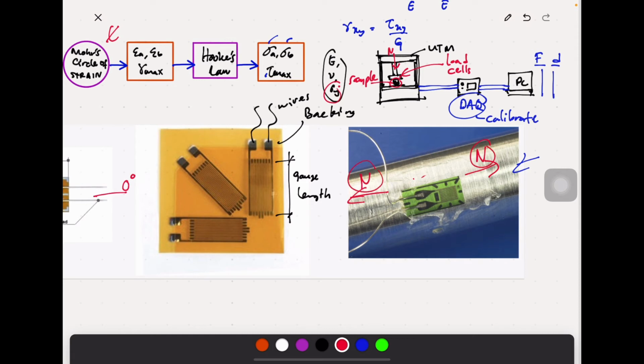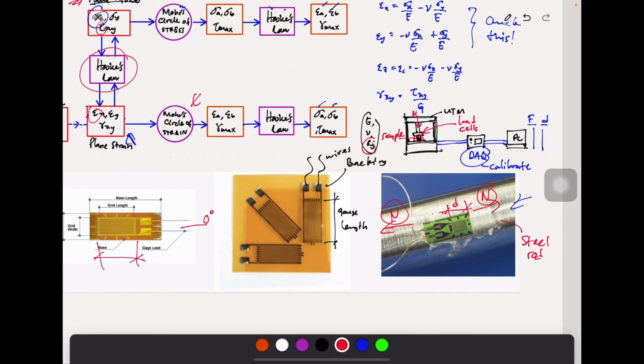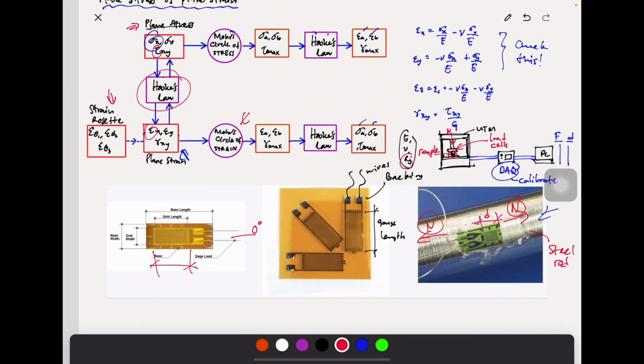You can pull this steel rod in order to know the strength, the Young's modulus, how much this load cell is going to extend in terms of displacement. This is the gauge length of the load cell.